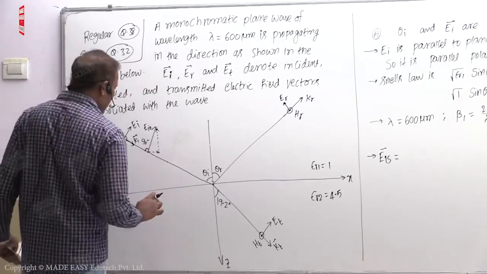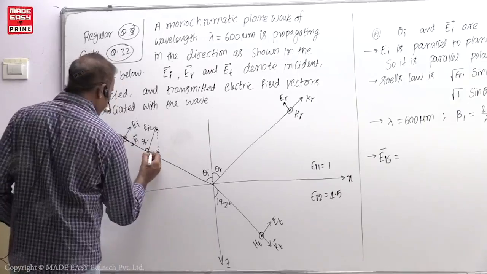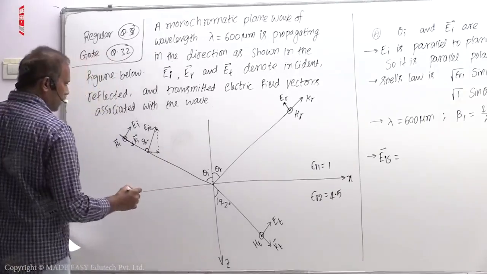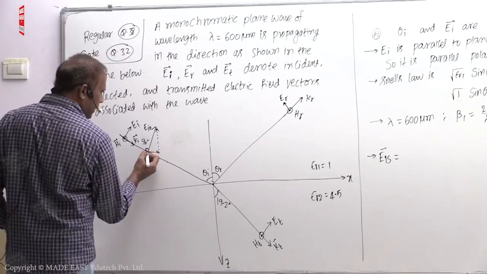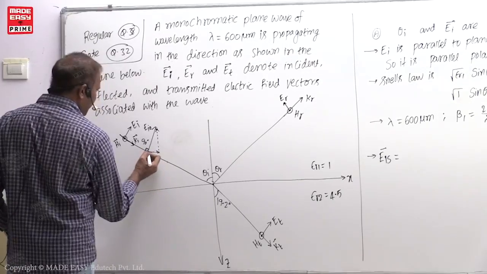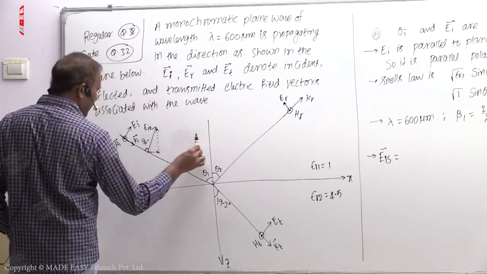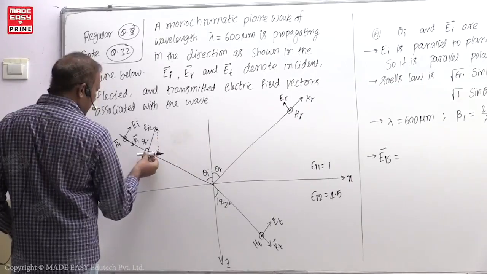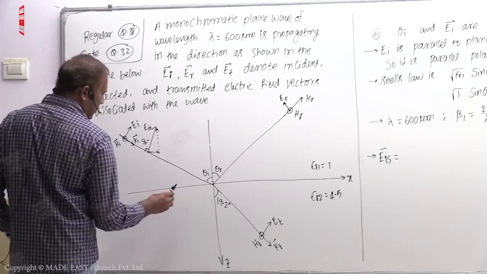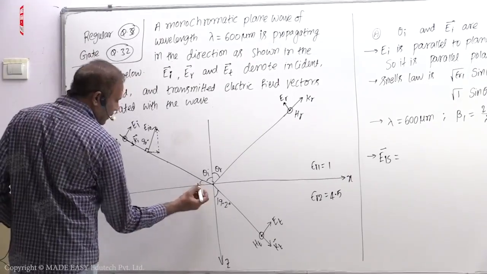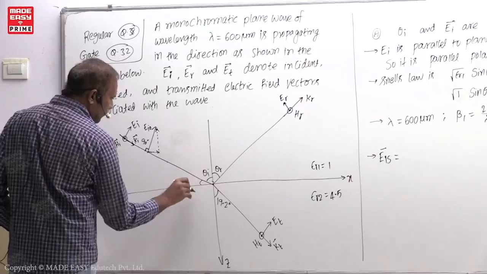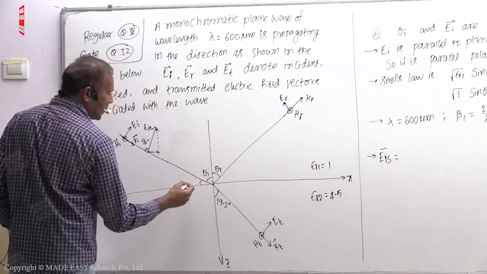So that means here you get theta I. So ultimately, this is the vertical one, and this one is horizontal. Can you tell me what is this angle, dear students? This is incident wave, and this one 90 minus theta I.